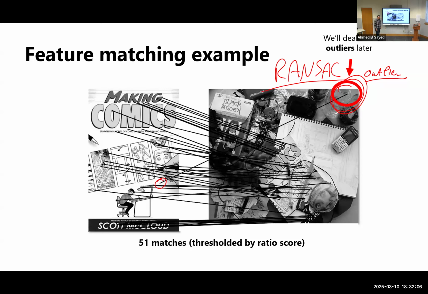The RANSAC. We said that the RANSAC algorithm is not basically designed for line detection. No, it's designed to remove outliers. That's how originally it's designed. Okay, so I can use RANSAC to remove the outliers in this matching process.